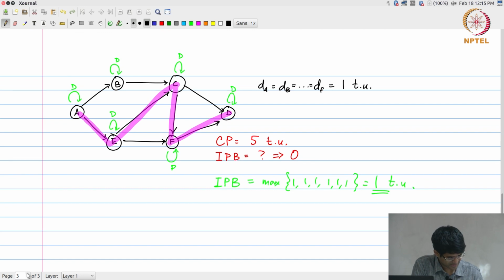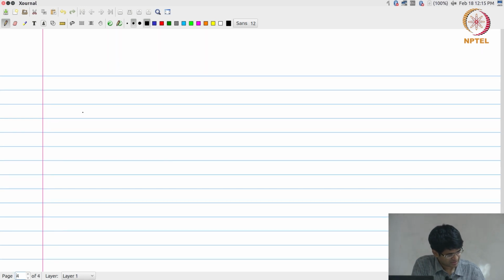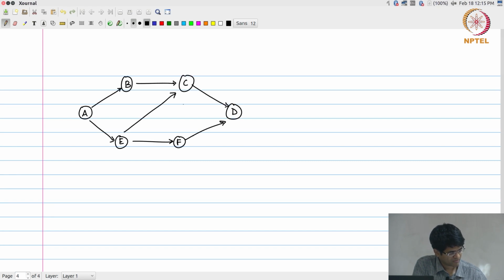Okay. So, let us just redraw this very quickly so that it becomes a bit clearer. Okay. So, the first thing is that the critical path, if I write down the nodes on the critical path, what are they? It is going to be A, E, C, F and D, right, for a total of 5 time units.